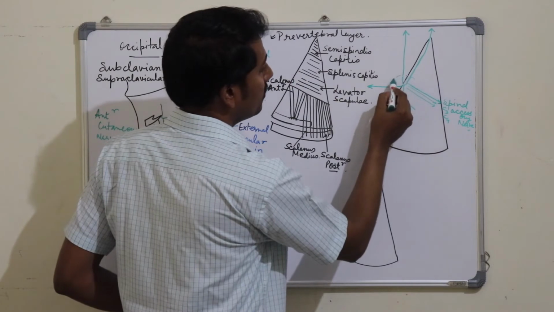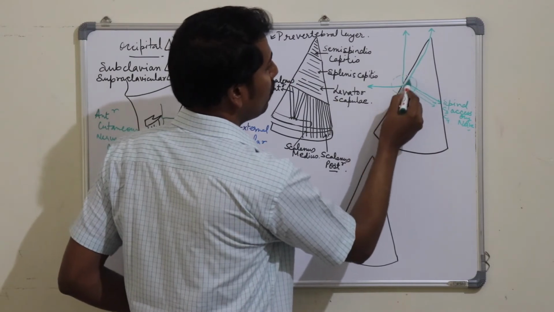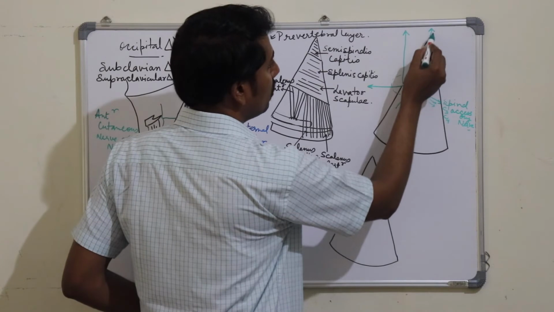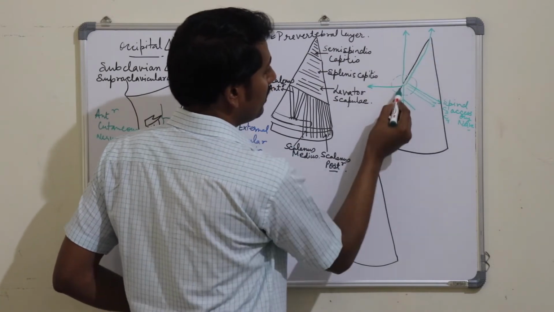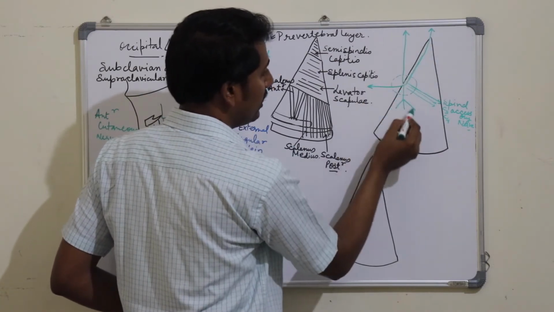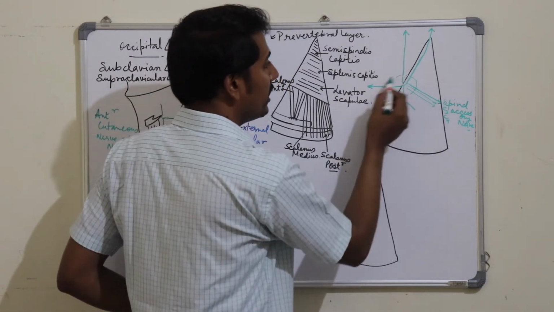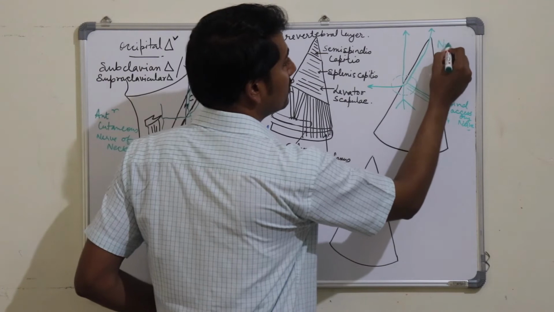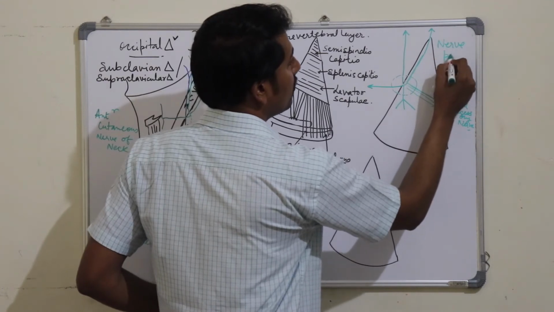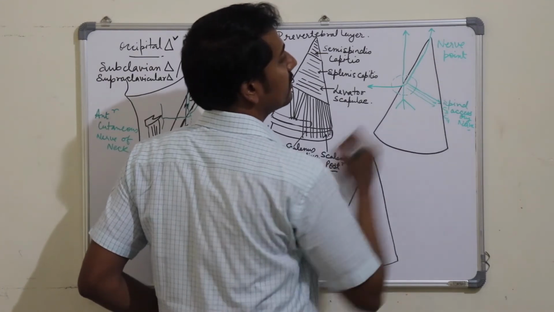So this point from which the 4 cutaneous nerves, that is the lesser occipital, great auricular, anterior cutaneous, supraclavicular nerves, and the spinal accessory nerve arise, this point is known as the nerve point of the posterior triangle of the neck.